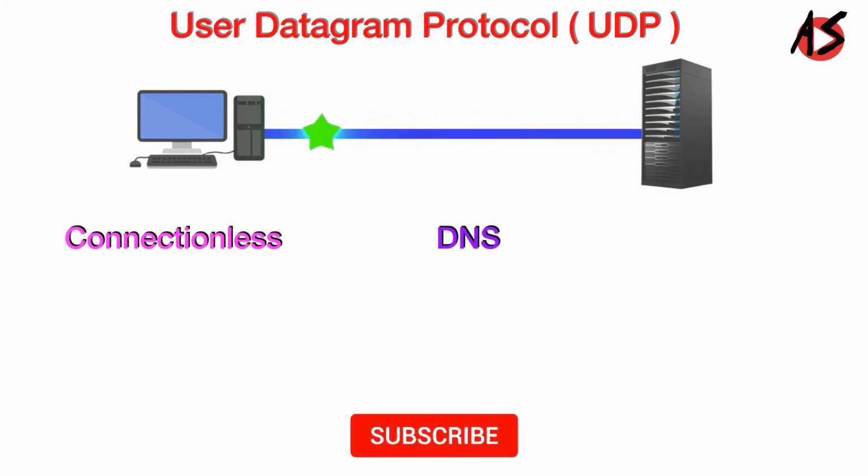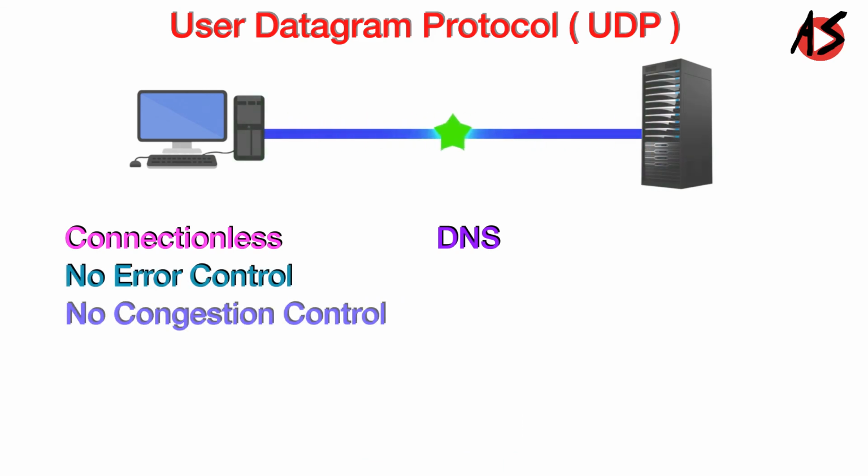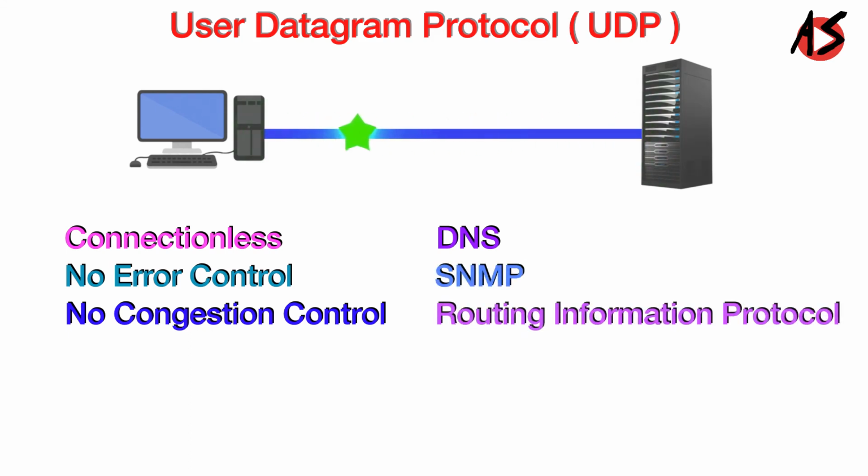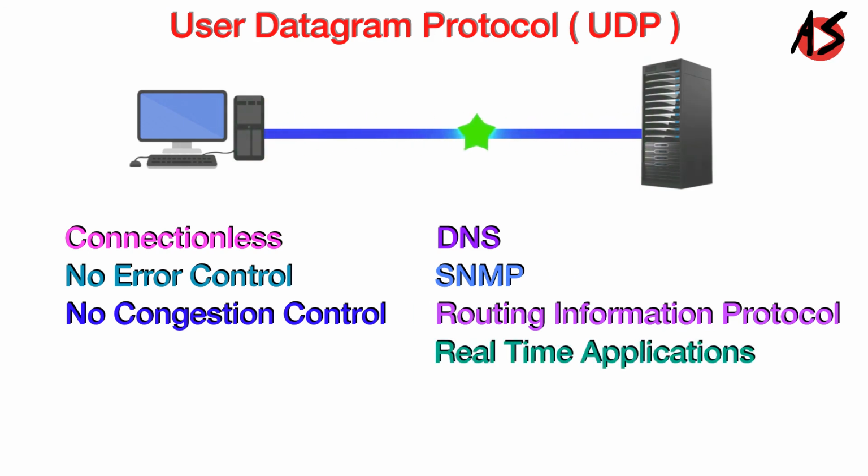Apart from that, UDP does not provide error control and congestion control, but still it is used in management processes like SNMP, routing information protocol, and some real-time applications. So this is all about UDP. In the next video, we will compare UDP with TCP.